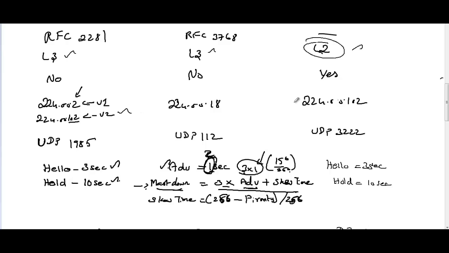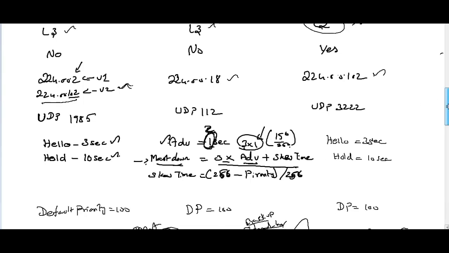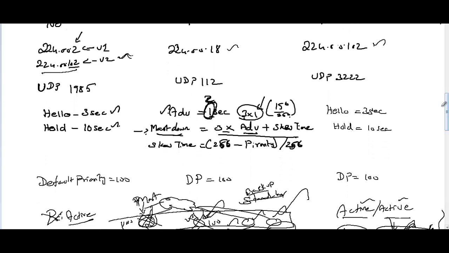HSRP version 2, which is the default now, and GLBP both use the same multicast address 224.0.0.102, whereas VRRP uses 224.0.0.18.